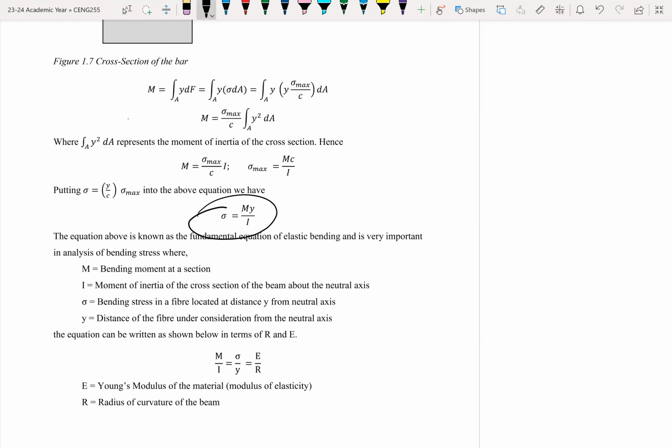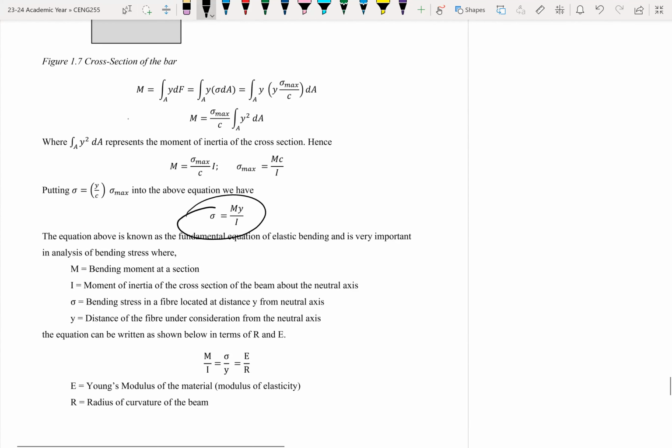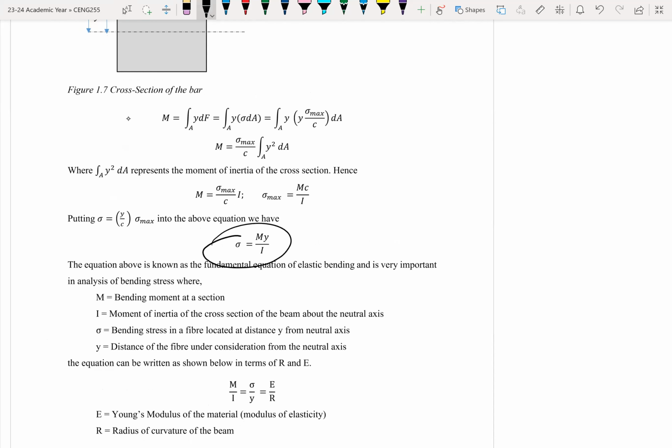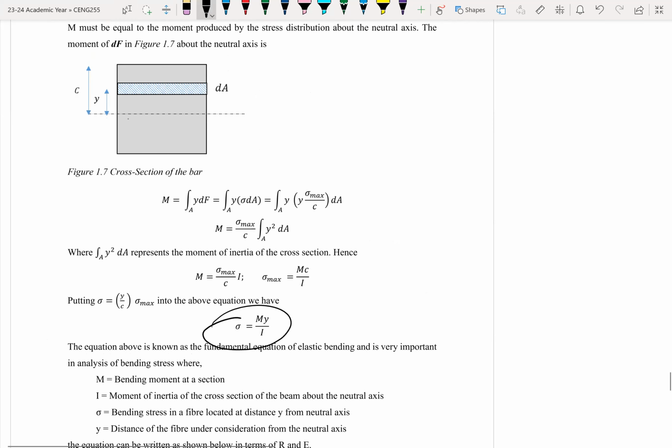So the bending stress sigma is equal to My over I, where M is the bending moment at that point in the section. And y is the distance from the neutral axis to any point along the cross section. If this is your beam, you've cut through it and you're looking at a cross section.